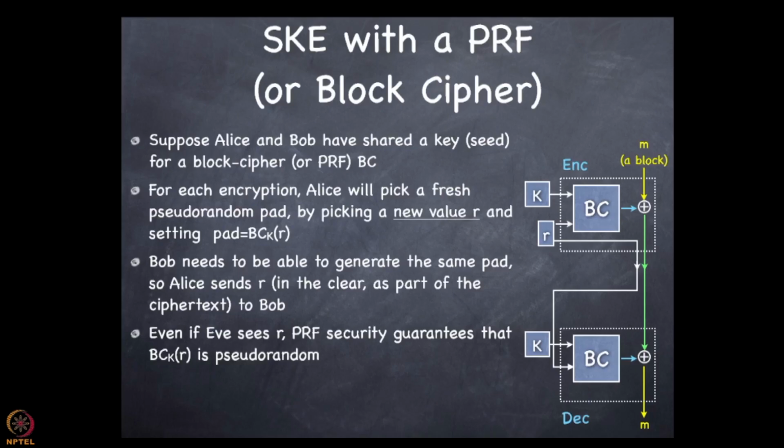So what does it mean to have oracle access? It can feed inputs and get outputs. So even if that adversary sees R, which is the input to the block cipher, and gets the output, it cannot really tell if the output is a uniform random string or something that came out of the block cipher.